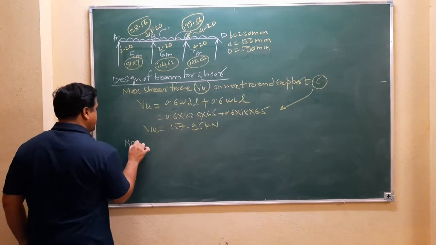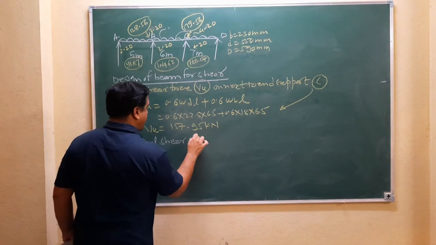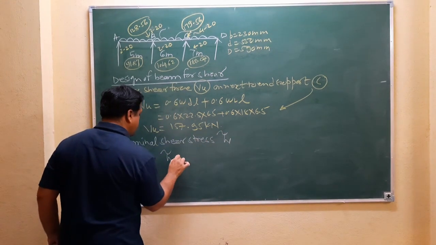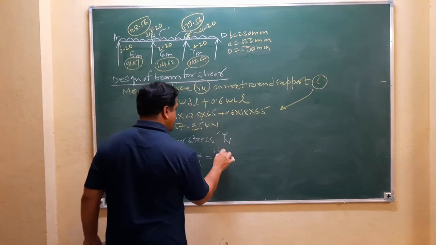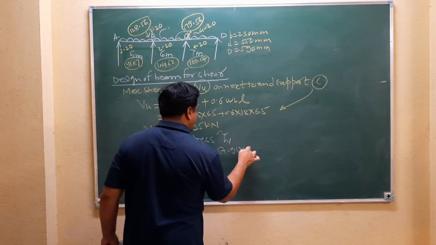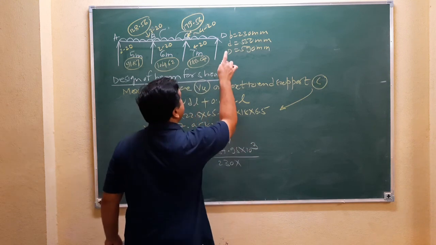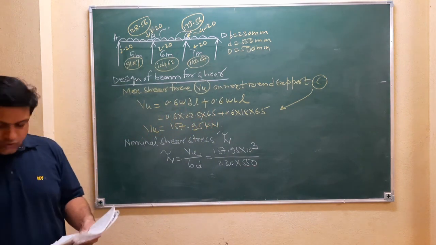Now next is nominal shear stress. What is the nominal shear stress? Tau b is equal to Vu divided by b into d. Vu is 157.95 into 10 raised to 3 divided by width 230 and depth 550.